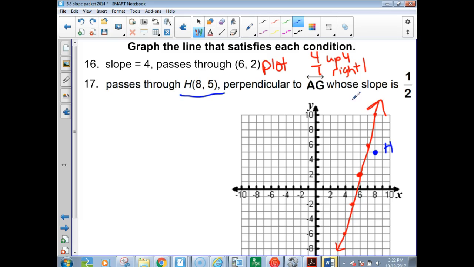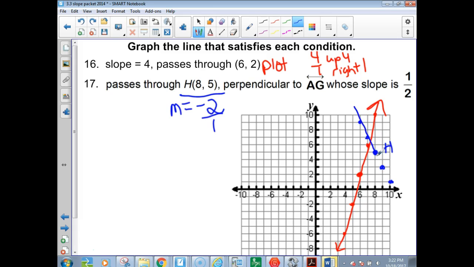Perpendicular lines wouldn't have a 1/2 slope. It would have a slope then of -2. I took 1/2, flipped it over and changed the sign. So if it goes through 8,5 with a slope of -2, it's going to have to come down 2, right 1. Or up 2 from there and left 1.